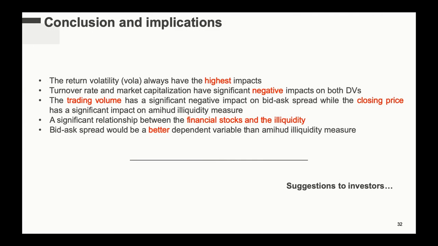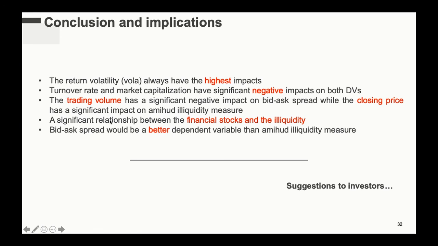We have done correlation, regression, and cluster analysis. As you can see, we have provided results about independent variables that have significant impact on illiquidity dependent variables, and how much these impacts would be. Vola always has the highest impact. Turnover rate and market capitalization have significant negative impacts on both DVs.